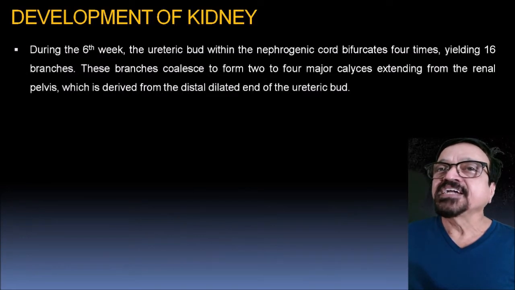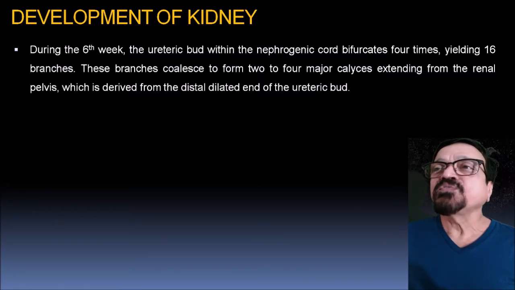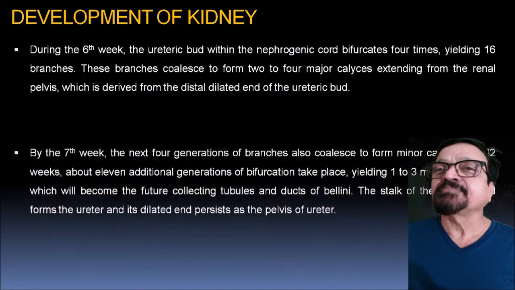Now further, during 6 weeks the ureteric bud within the nephrogenic cord bifurcates 4 times, yielding 16 branches. These branches coalesce to form 2 to 4 major calyces extending from the renal pelvis, which is derived from the distal dilated end of the ureteric bud.